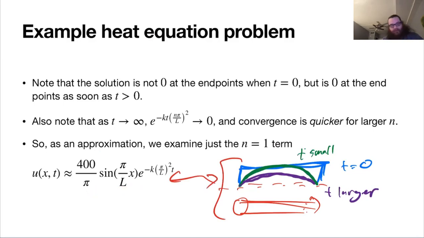Of course, it's not really how it behaves. You'd expect there to be less of a sharp discrepancy between these corners and the sine solution, but as a rough approximation, this is giving us a sense of what this evolution of heat looks like.